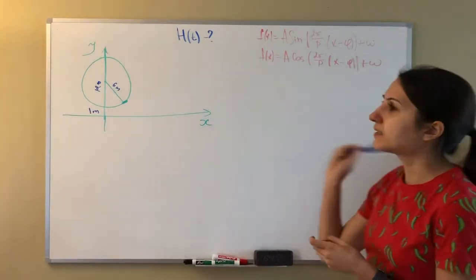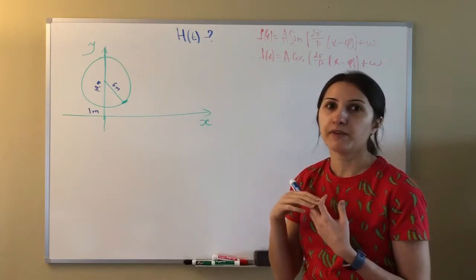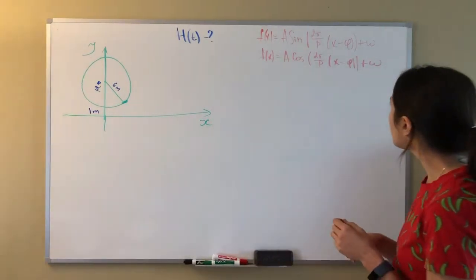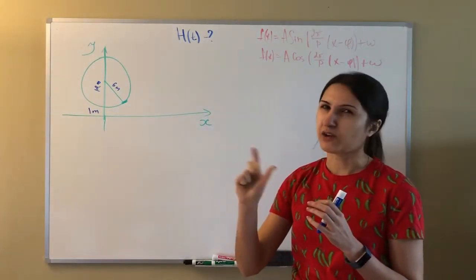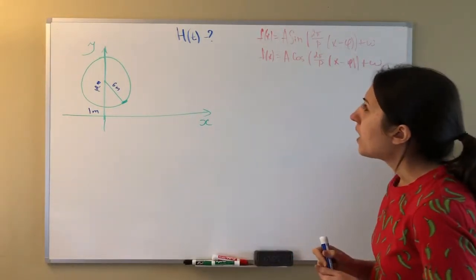The midline is the midpoint of your maximum and minimum value, which is max plus min divided by 2. The shift also depends on the sketch of the graph, so you can actually see it there. And P is the period.